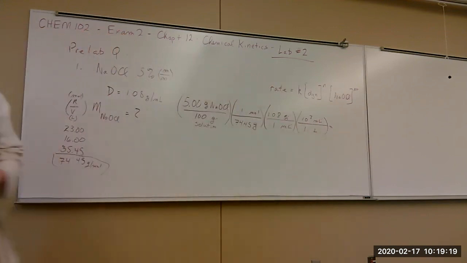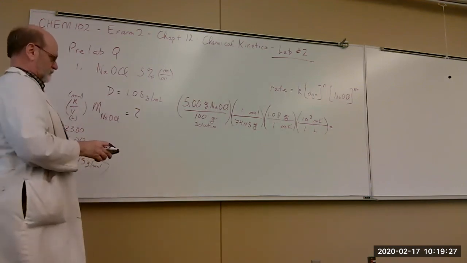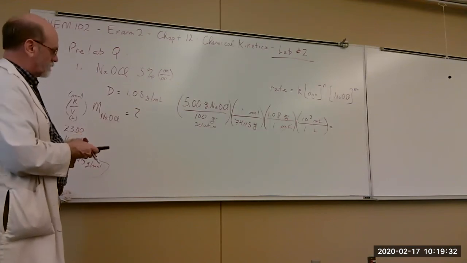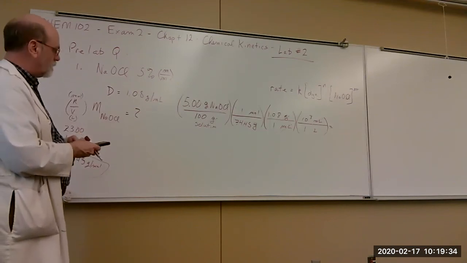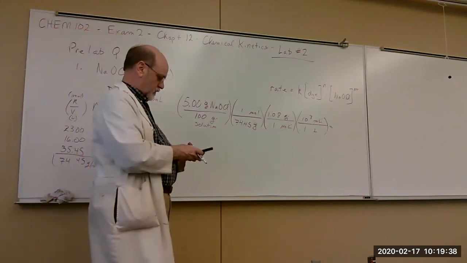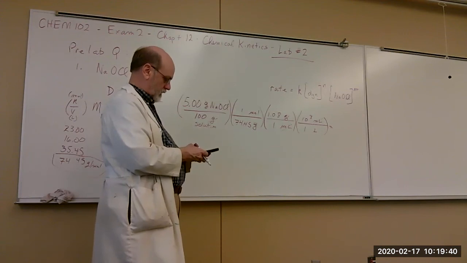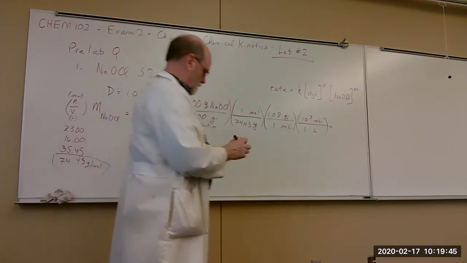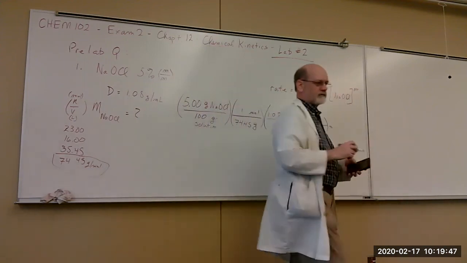And it's just crunching numbers at this point. I apologize for that. It'll spin your head around. 74.45, 8,000. So I get, what do you get? I'm gonna wait.